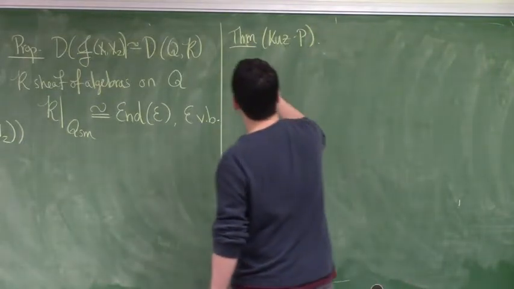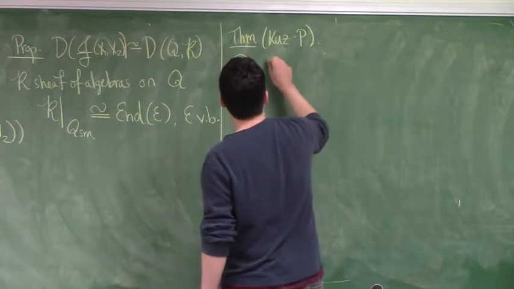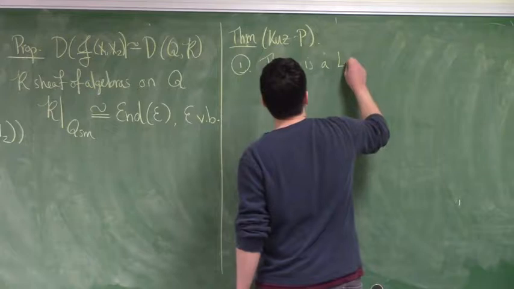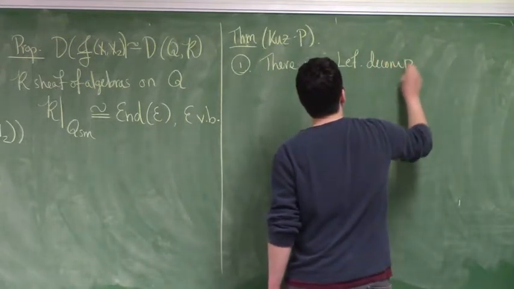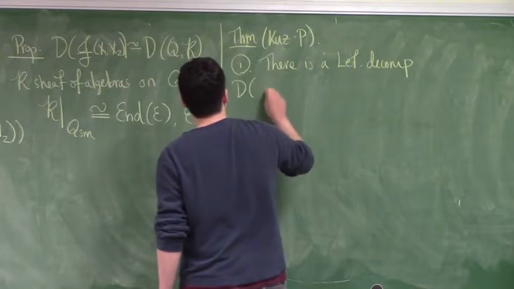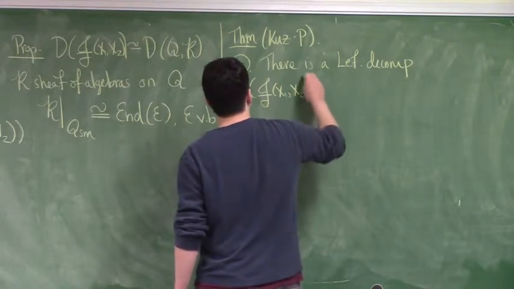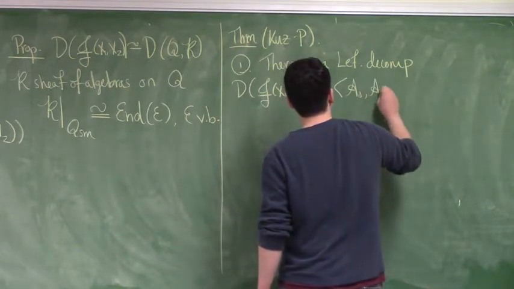Maybe there are two parts of it. The first part says that there is a Lefschetz decomposition of this categorical join, x1, x2, and it looks as follows.